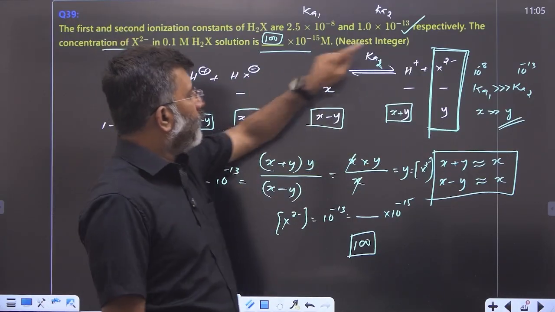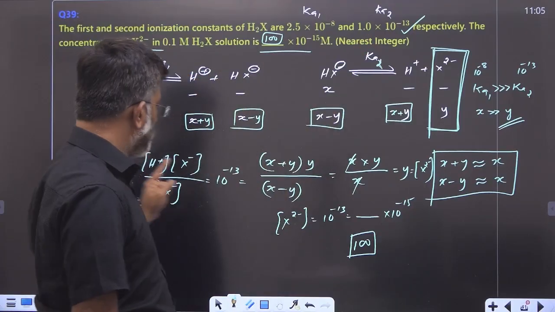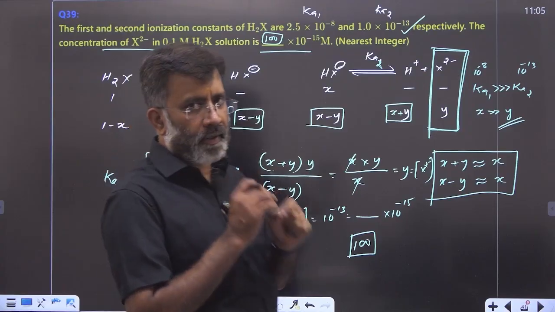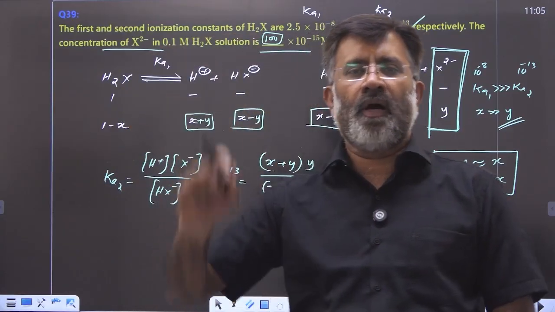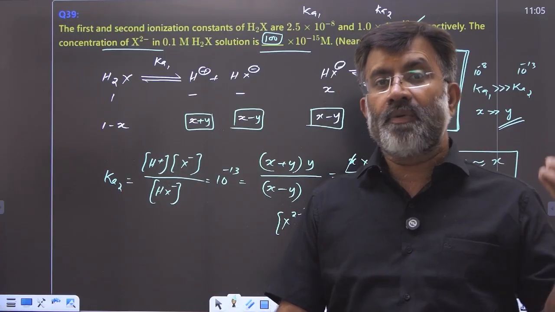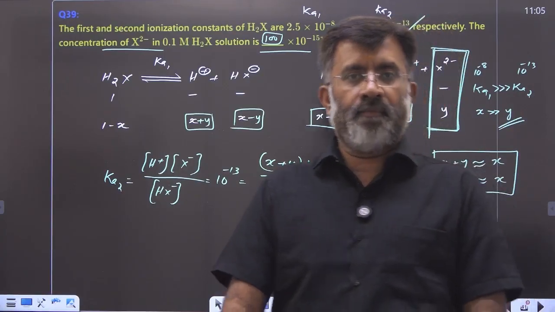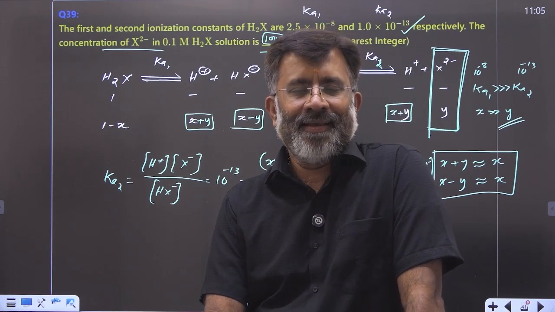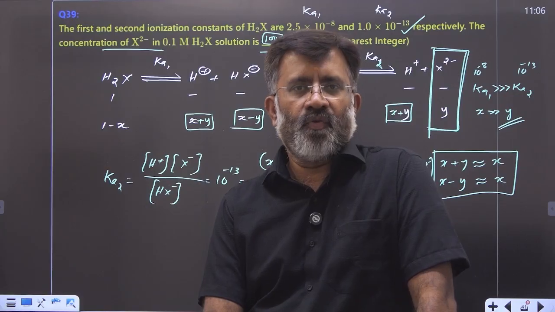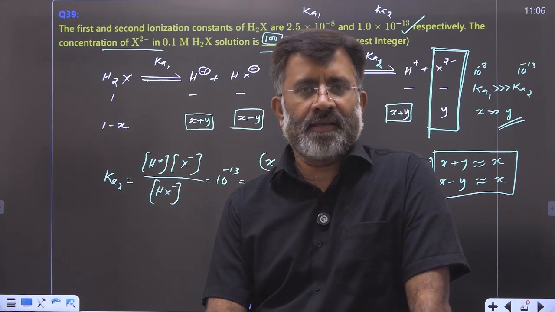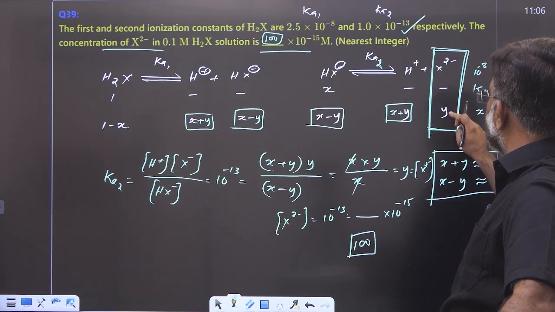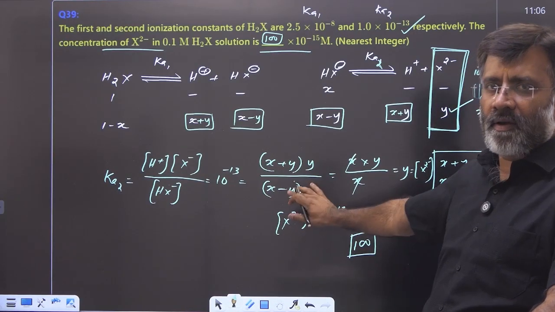Now we want to get this, so I am taking Ka2 equal to this, which can be written like this. Now the point is Ka1 is much higher compared to Ka2, or Ka2 is very negligible compared to Ka1. That means the second degree of dissociation is very negligible compared to the first degree of dissociation. So y is negligible compared to x. When you apply that, you get the concentration of X2 minus, that is the y value, comfortably.